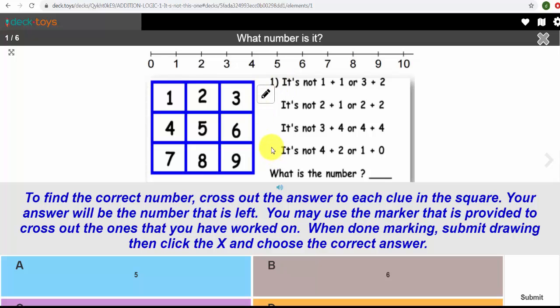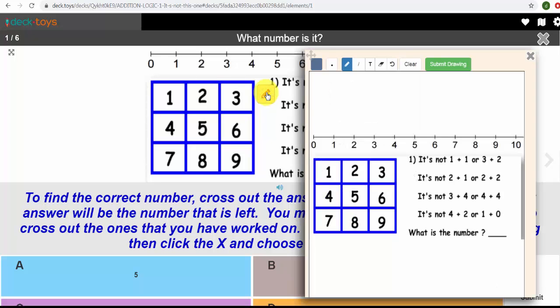Now, with this one, this is really good. The students love this. When you see this little marker, that means click on it. And what we're going to do, it's not 1 plus 1. So that means you draw a line through it. It's not 3 plus 2, so it's not a 5. It's not 2 plus 1, so that means it's not 3.